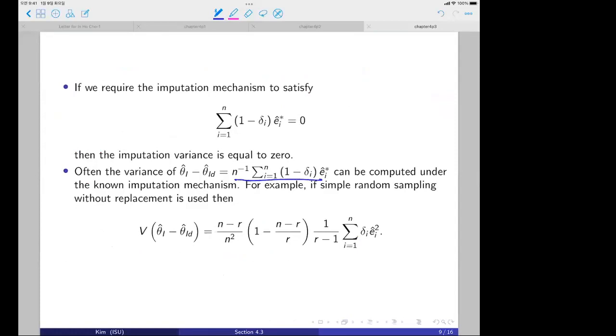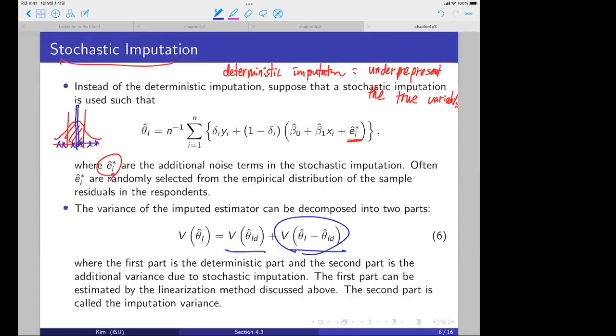This is kind of bootstrap. Computing this part is not really difficult. But the point is, you sacrifice efficiency in stochastic imputation to achieve robustness in parameter estimation.